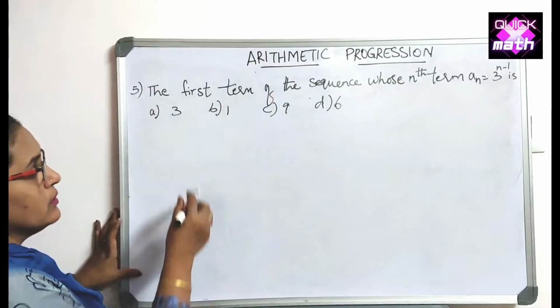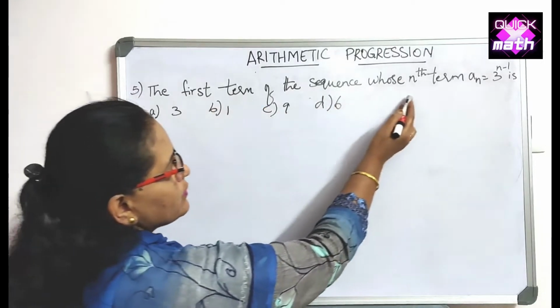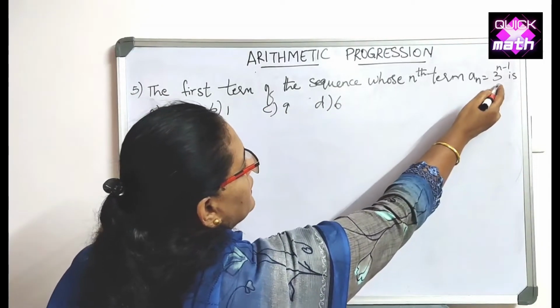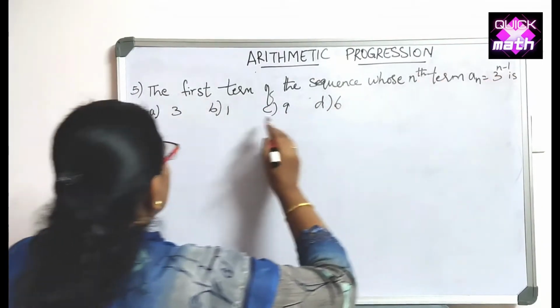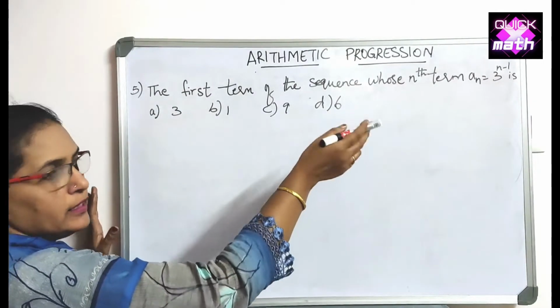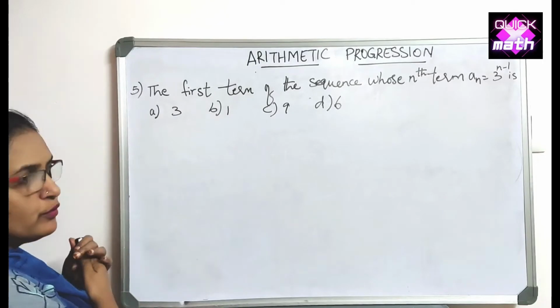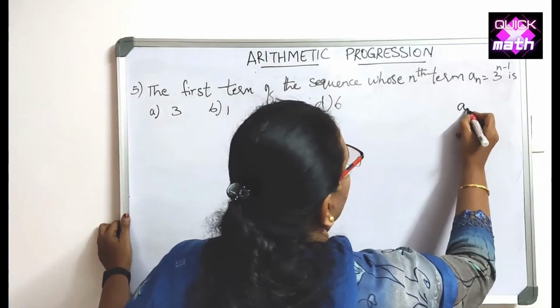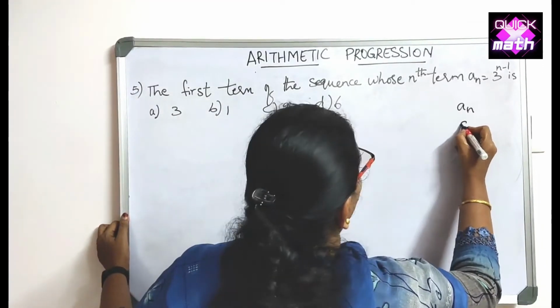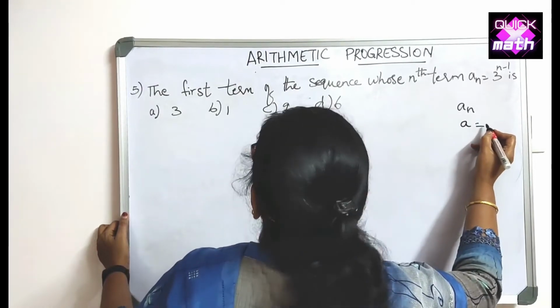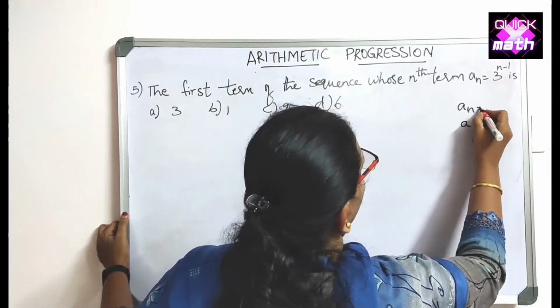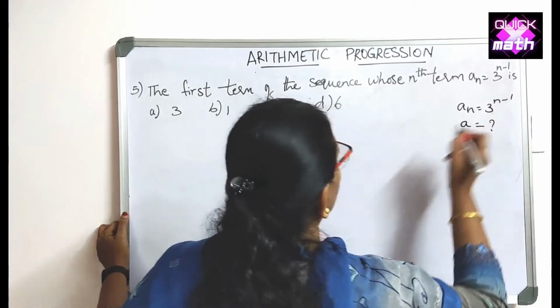Let's solve the next question. The first term of the sequence whose nth term an is equal to 3 to the power of n minus 1 is. So again here see the equation is given and that means the first term you need to find out.